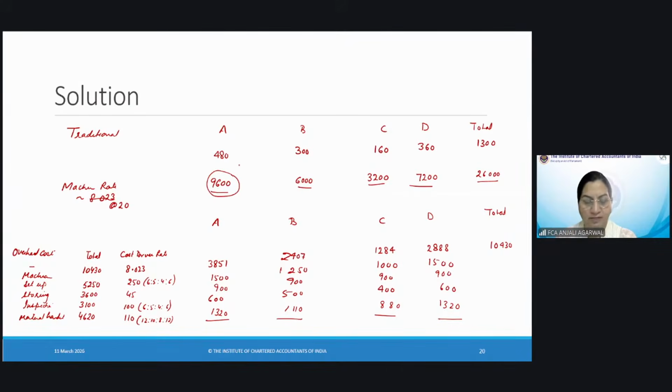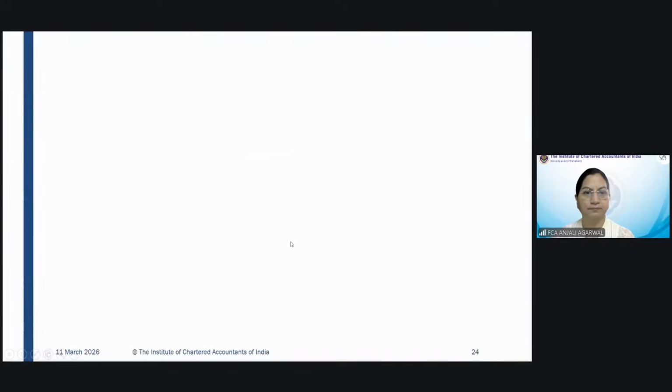So as far as ABC is concerned, for A, it will be 3851 plus 1500 plus 900 plus 600 plus 1320. So it comes out to be 8171. For some others, it will be less, for some others higher. But the total will be 26,000 only. So this is how you do the allocation between traditional and ABC. So I hope this is clear.